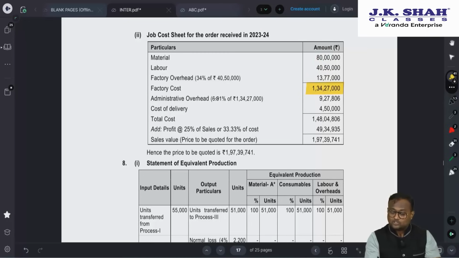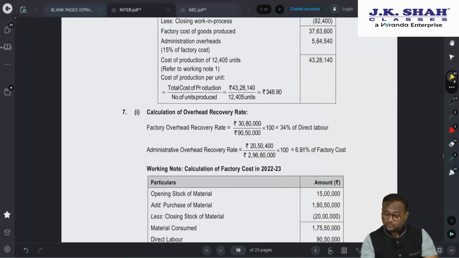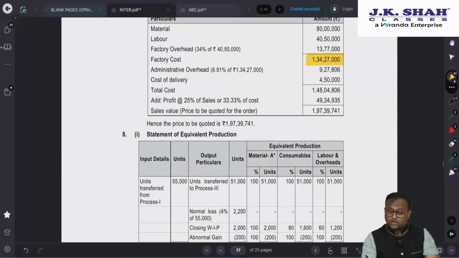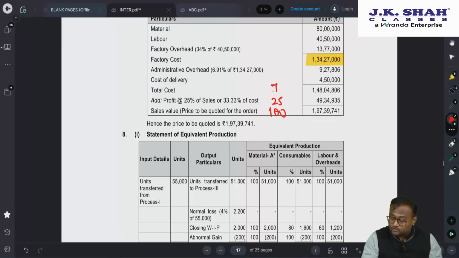Once you get factory cost, apply 6.91% which you calculated here. You got admin overheads. Cost of delivery will be 4 lakh 50,000 which will be directly added at the end. Profit was 25% on sales. 25% on sales means whenever sales is 100, profit is 25, cost will be 75, and you have to go for cross multiplication.